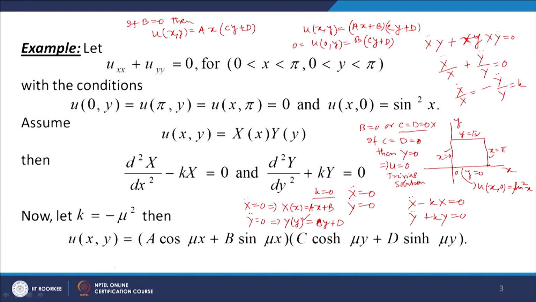Now again u(pi,y) equal to 0 means either a equal to 0 or c equal to d equal to 0. c equal to d equal to 0 is not possible, so a must be 0. When a is equal to 0 and b equal to 0, both give capital X equal to 0. So again we get a trivial solution. So k equal to 0 is not possible.